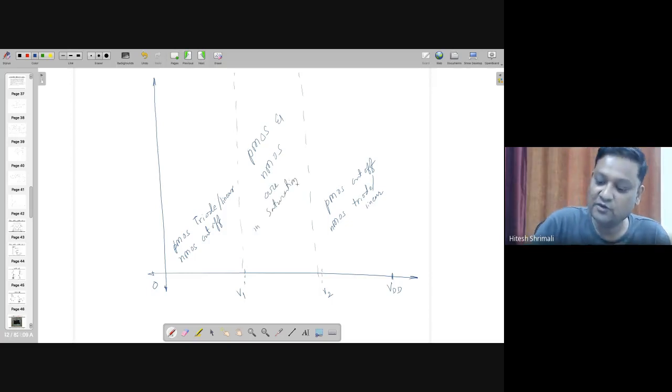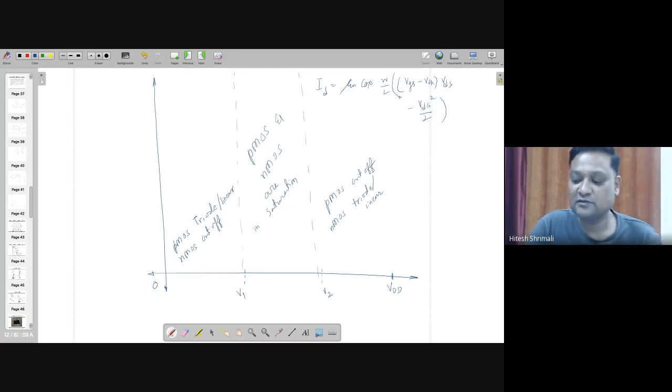So when it's in triode or linear region, I'm writing the equation for NMOS, which will be like this. The same can be extended for the case of PMOS, right?